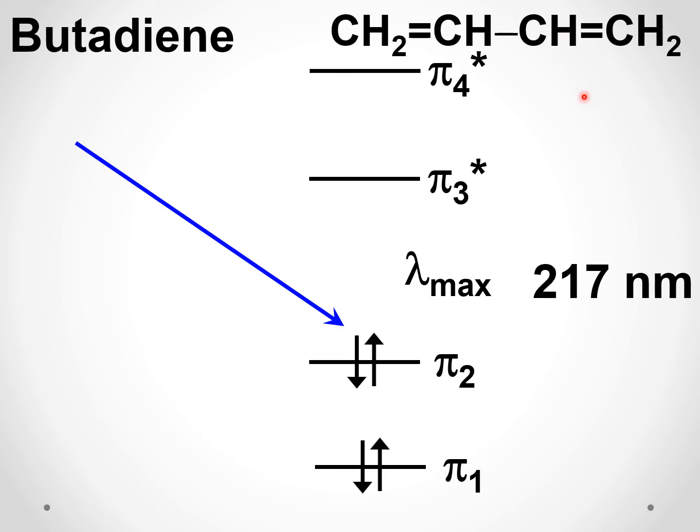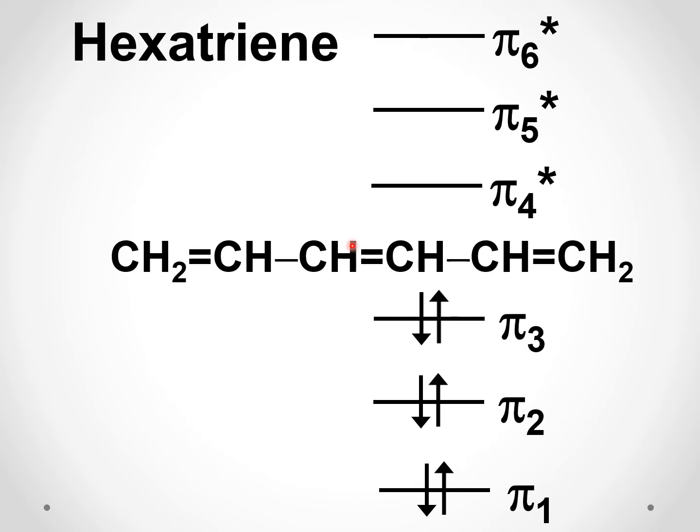Next compound, one more ethylene I am going to add to this end. If I add one more ethylene here, I will get hexatriene. This is the structure of hexatriene. There are three double bonds, so 3 pi orbitals, 3 pi star orbitals, and this electron can absorb a radiation and go to this pi star level.